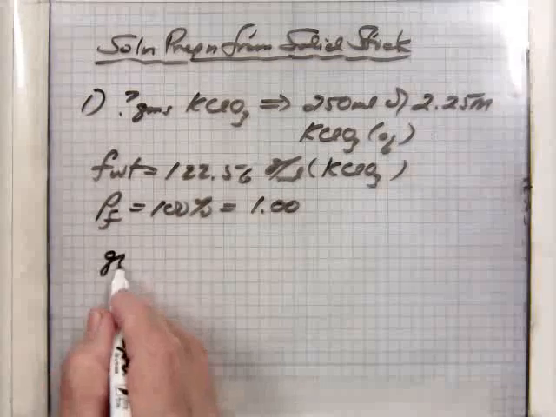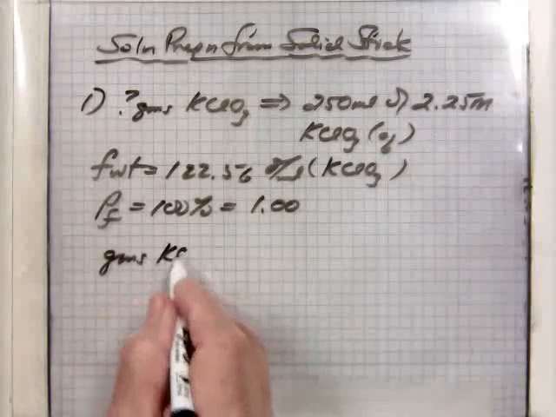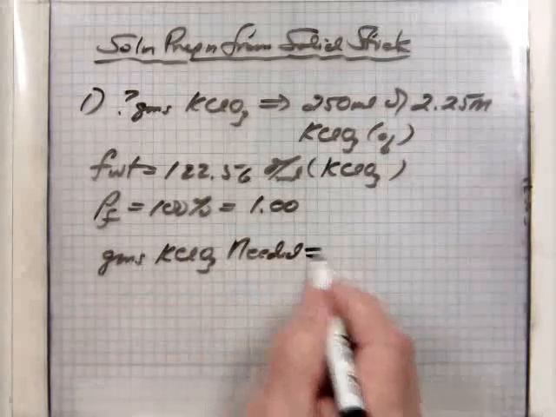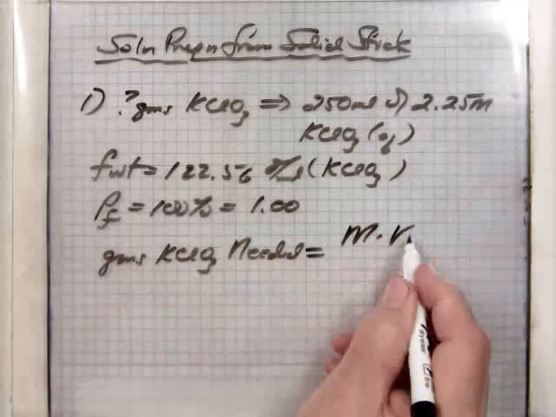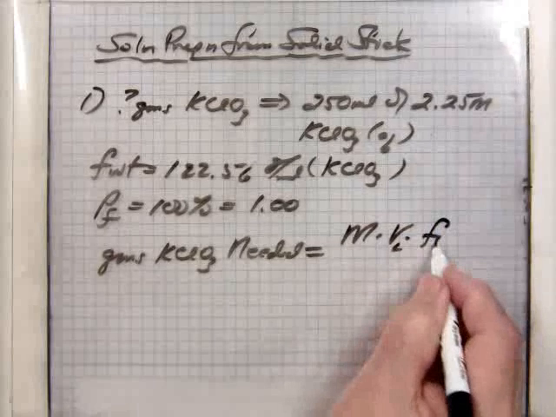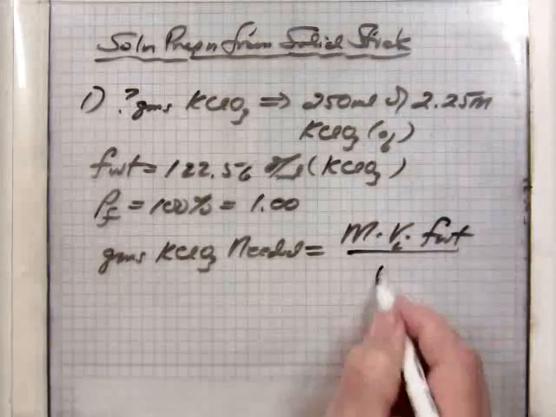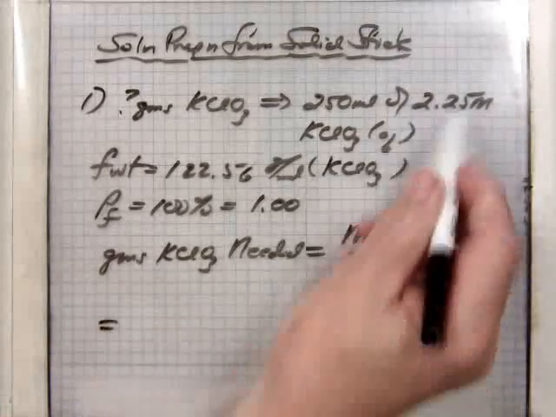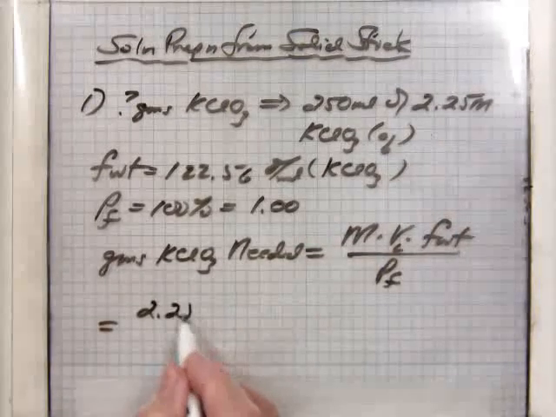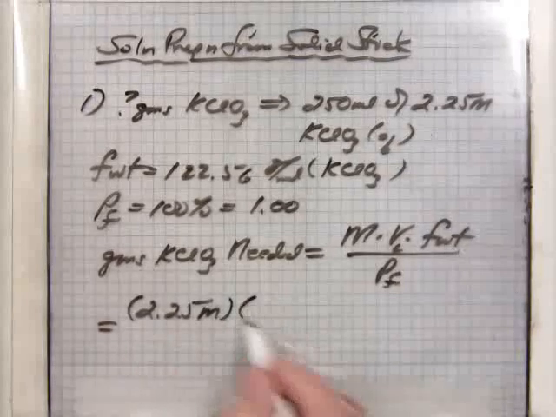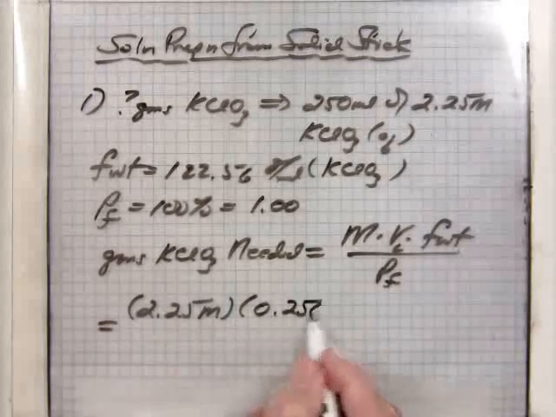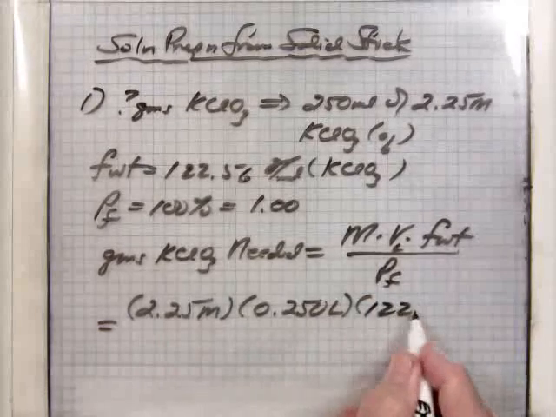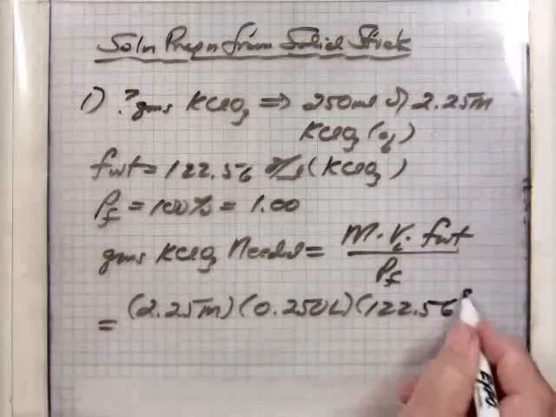So grams of KClO3 needed for your solution is molarity times volume in liters times the formula weight of the solute divided by the purity factor. And so you're trying to make 2.25 molar solution, 0.250 liters. It has a weight of 122.56 grams per mole.